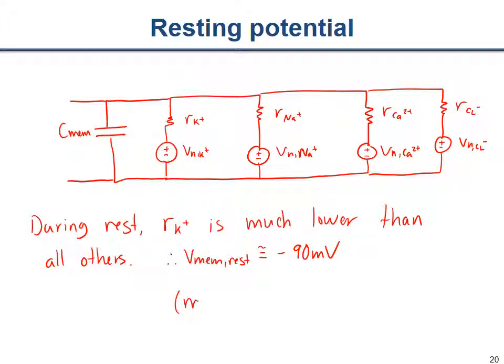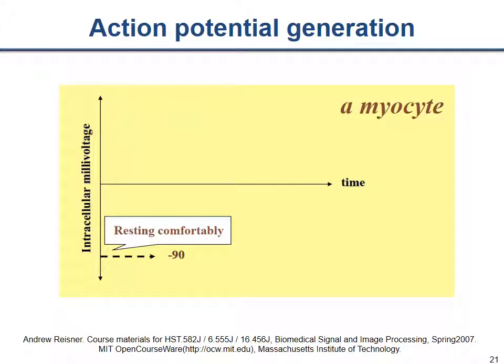And keep in mind, this assumption is for myocytes only. This is not true for neurons and things like this. Okay. So what ends up happening? We have a resting potential of minus 90 millivolts. The cell is comfortably there, and nothing's really happening.